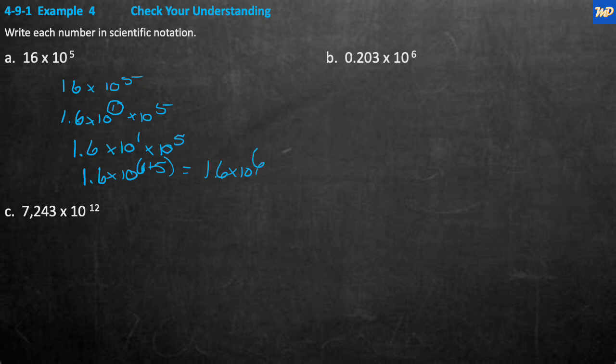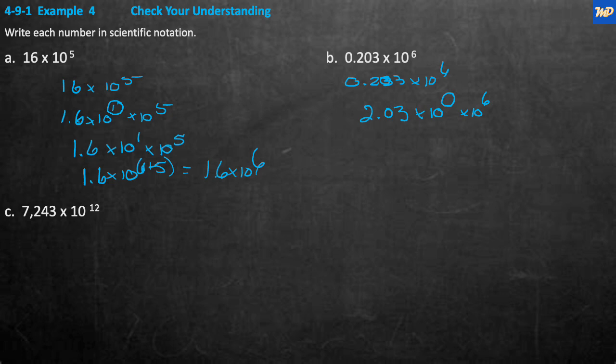Let's try this one. We have 0.203 times 10 to the 6th. What we're going to do is change this by moving the decimal 1 place, so it's going to be 2.03 times 10 to the something times 10 to the 6th power.